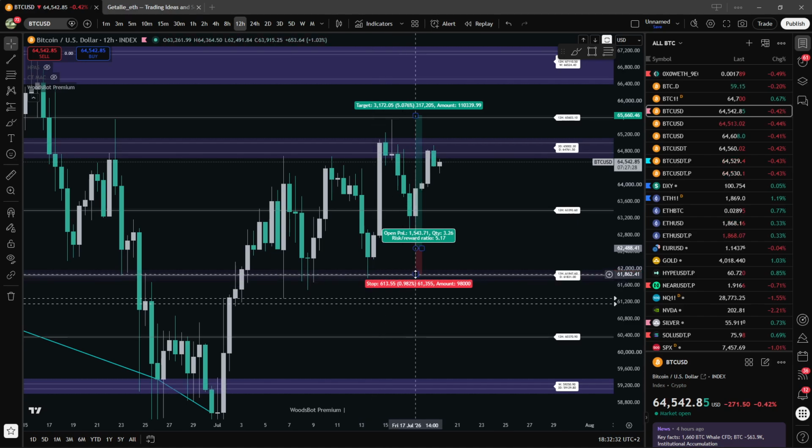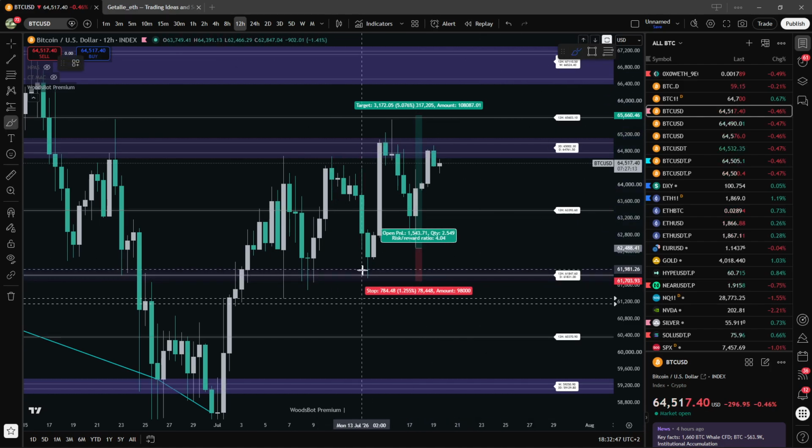So I put my stop loss because my logic was price action making a higher low, because we have been doing this so far on Bitcoin. So my logic was price action should not come below this swing low right there. So my hard stop loss was below this 12-hour swing low.